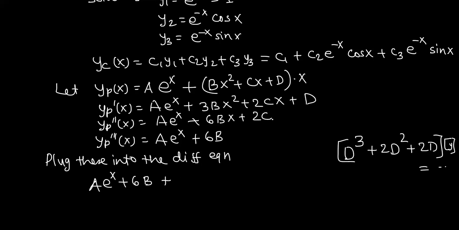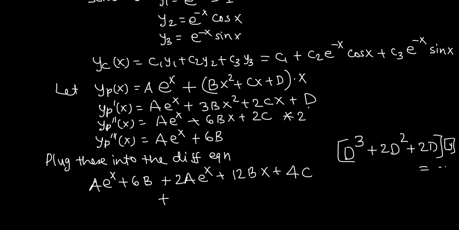Let's multiply this by 2, so 2a e^x plus 12bx plus 4c, plus 2D.